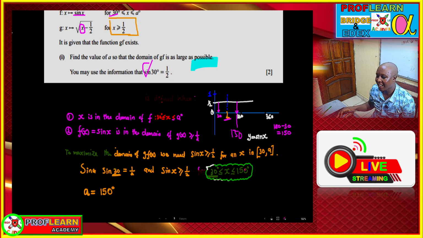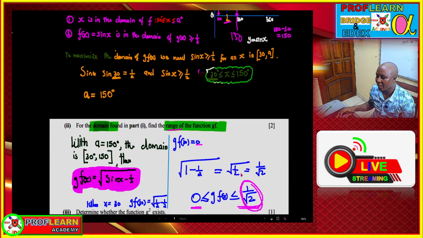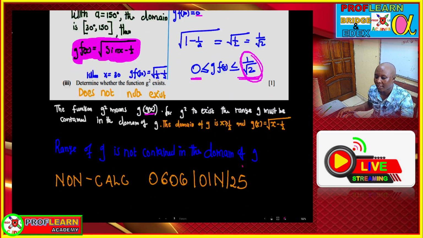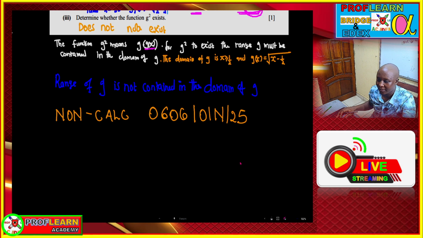But this range of g is less than a half. So since this is not contained within the domain of g, then g squared does not exist.